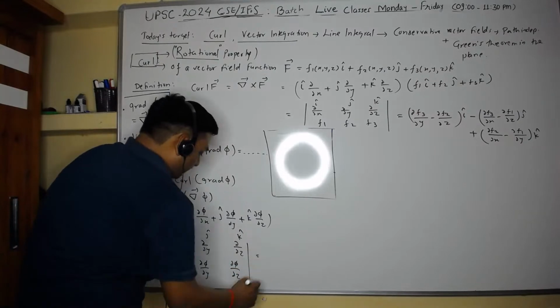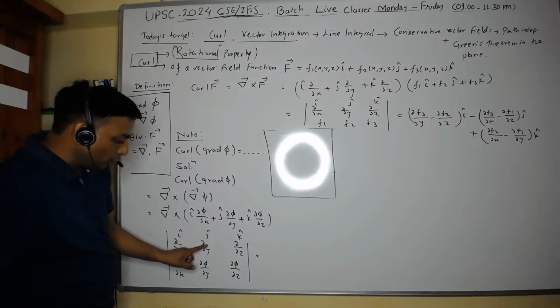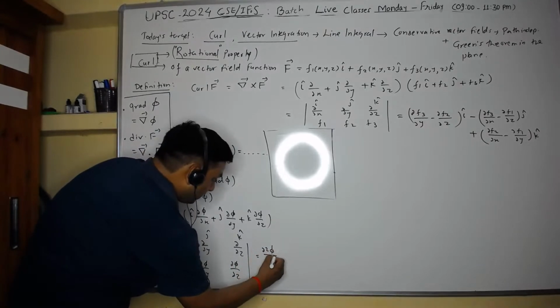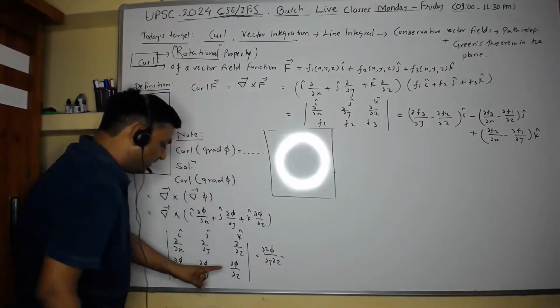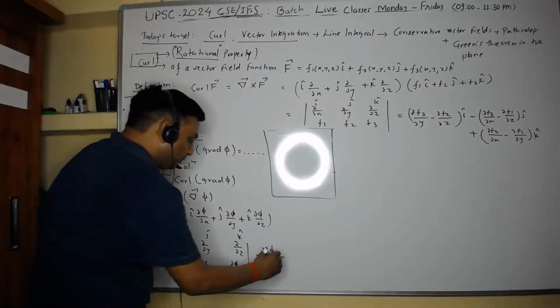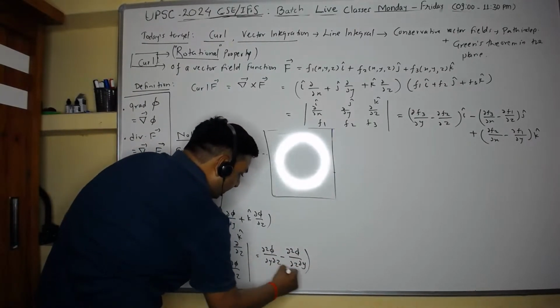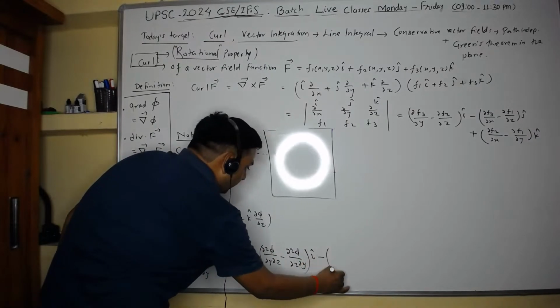If you observe, dou 2 phi over dou y dou z minus dou 2 phi over dou z dou y into i cap.